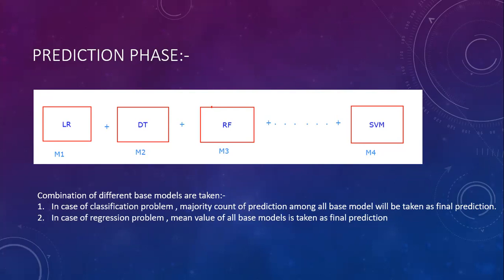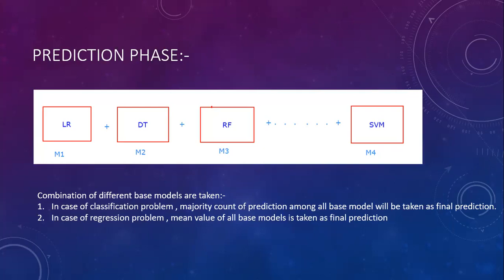In case of a classification problem, suppose there are five models and the output has to be one or zero. Suppose three models have given the output one, and two models have given the output zero. The majority count will be taken as the final prediction.